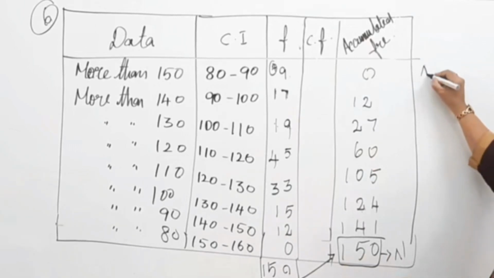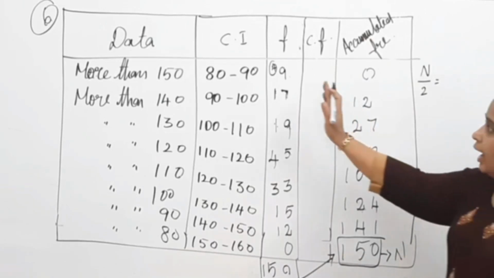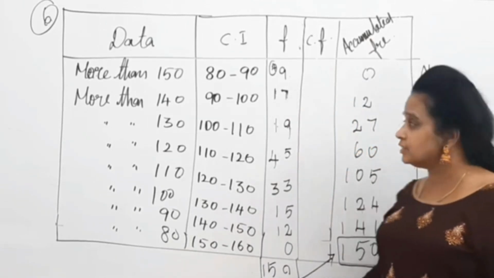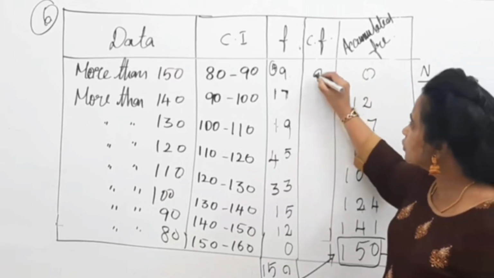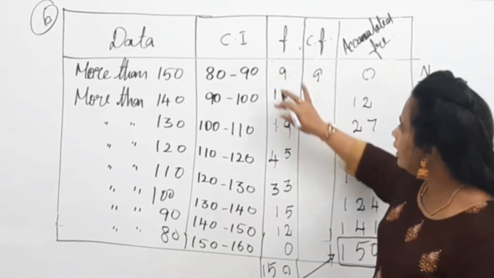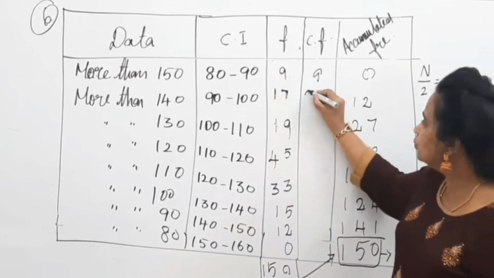That means my n by 2 is equal to, before that I have to get my cumulative frequency. This is not my cumulative frequency. So the first number is going to be 9 and the second number is 9 plus 17 is 26.